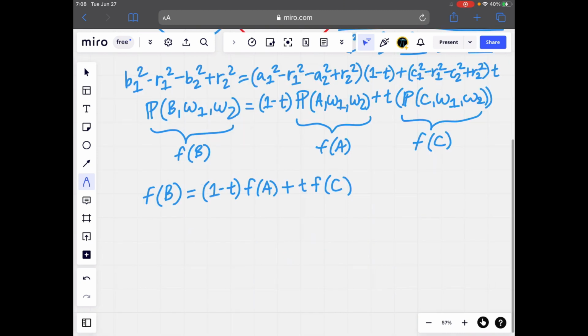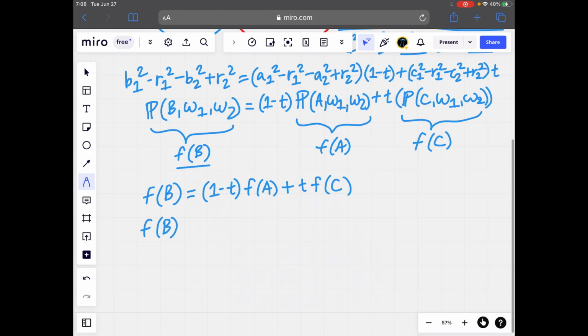Suppose we call these three things f of b, f of a, and f of c respectively. F of b is equal to the power of b with respect to circles W1 and W2, and similarly for the other two. Then f of b is equal to 1 minus t times f of a plus t times f of c.